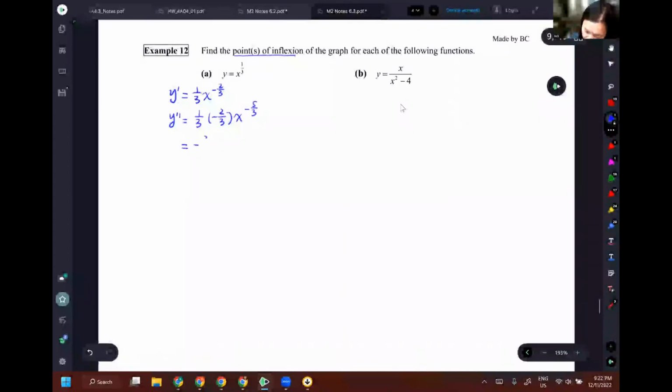This is equal to negative 2 over 9. Just for this time, I write a fraction.